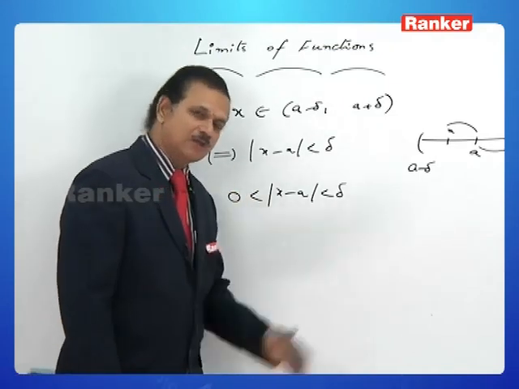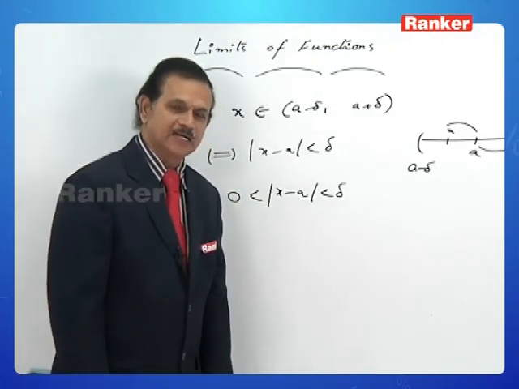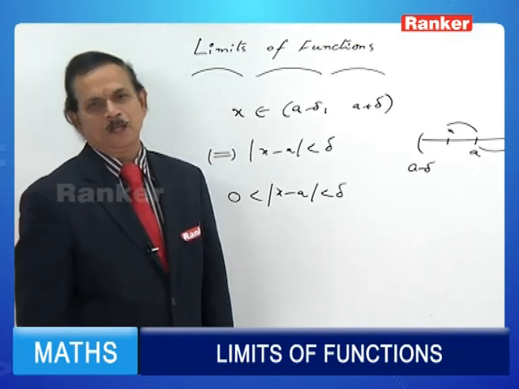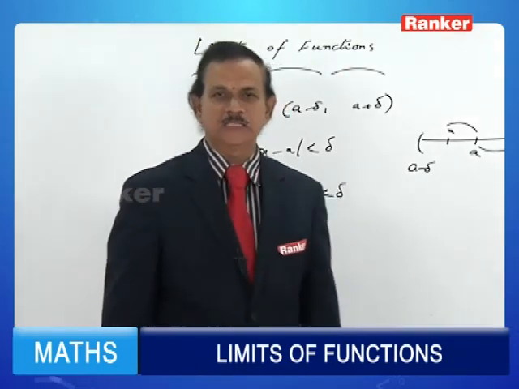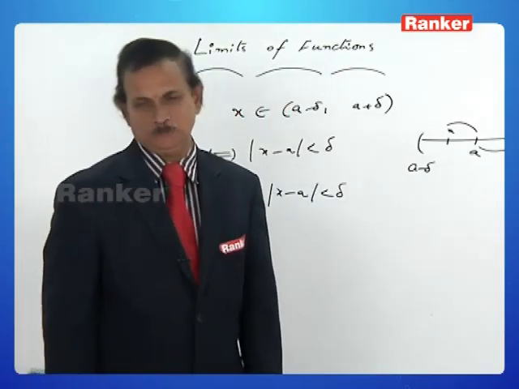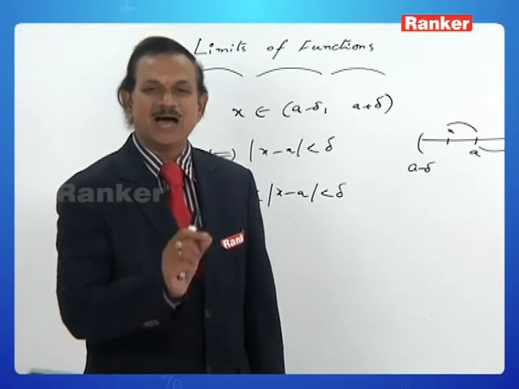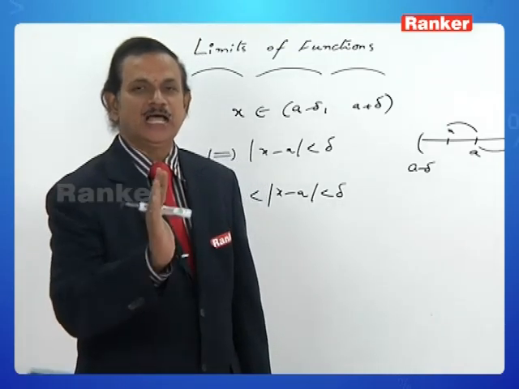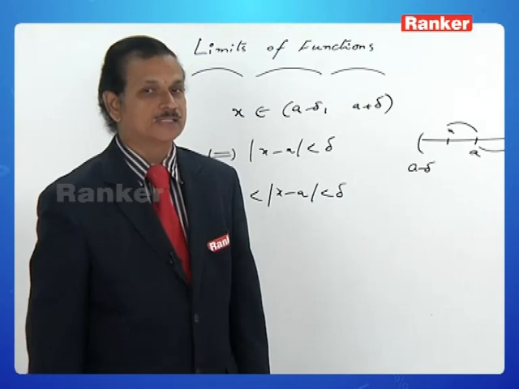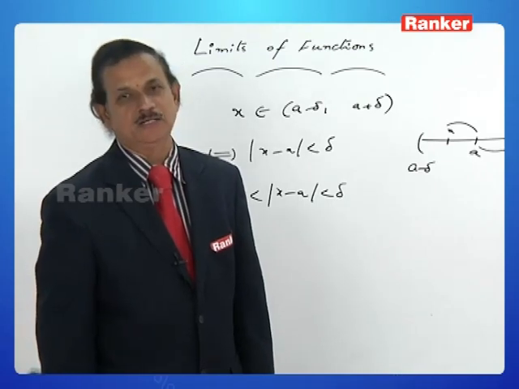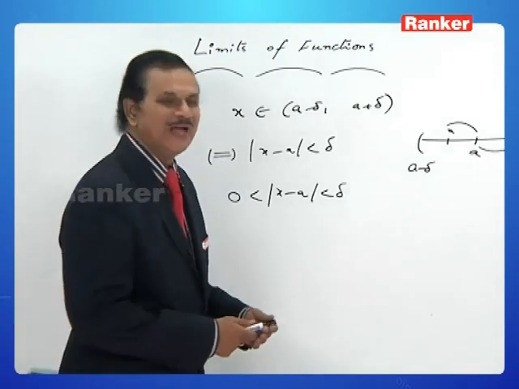What do you mean by 0 less than mod x minus a less than delta? First of all, everybody knows that mod x minus a is greater than or equal to 0. Here, the equal to 0 part has been restricted. That is, mod x minus a is not equal to 0 at all. That is, x is not equal to a.